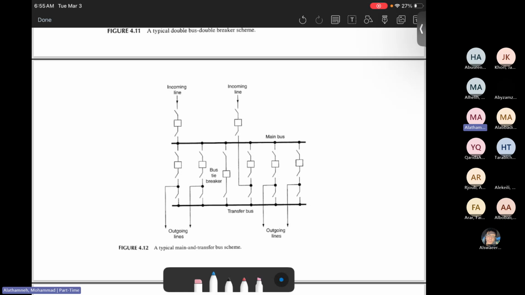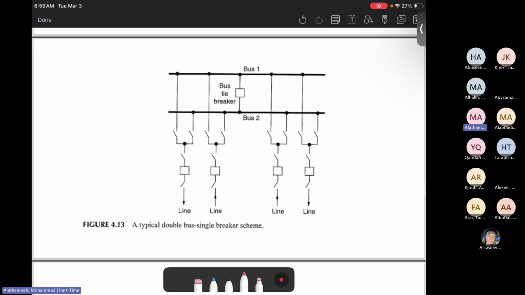Yes. Here is the main and transfer bus scheme. Basically, we have bus bar number one, bus bar number two, and we have a single breaker on each line. But we add a bus tie breaker. So the bus tie breaker can connect main and transfer bus bars together, and they can be connected or disconnected using this breaker.